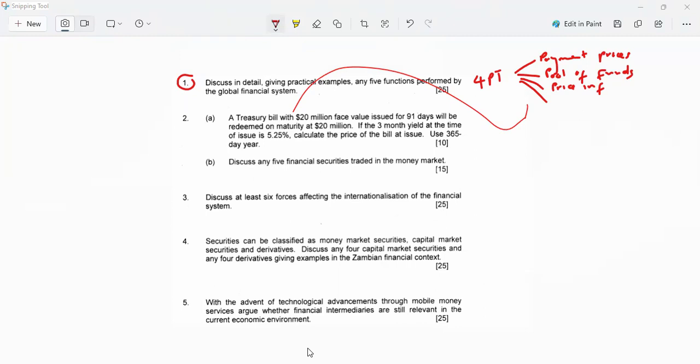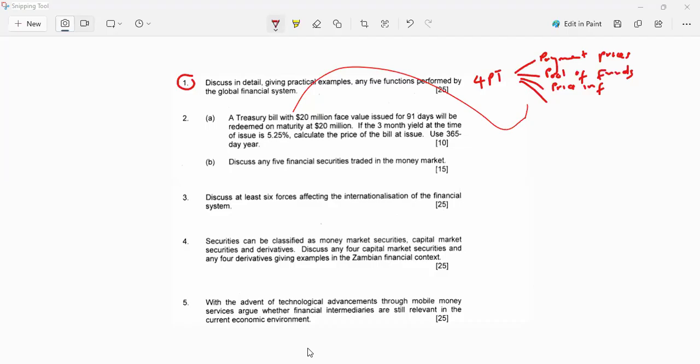All right. Then we also have the financial system working as a risk mechanism. It is used to hedge against what? Risks. So the price risks, the credit risks, currency risks, it is through this market that you could mitigate those risks and transfer of economic resources in real time.